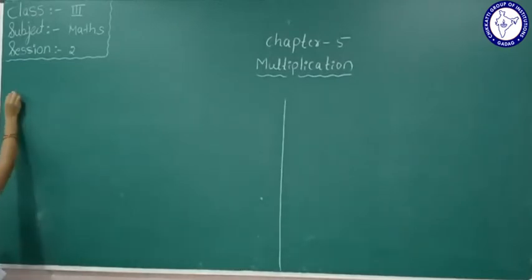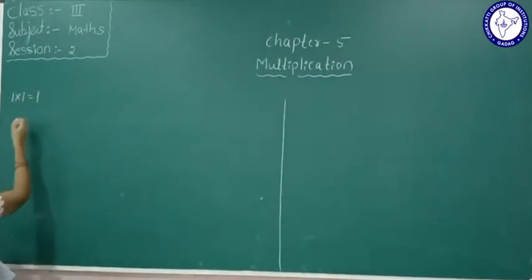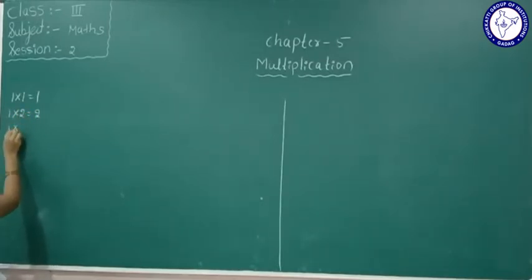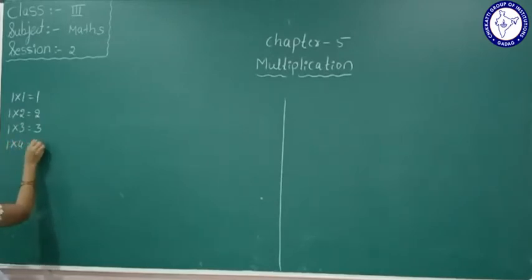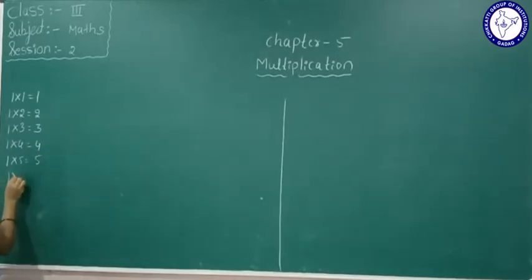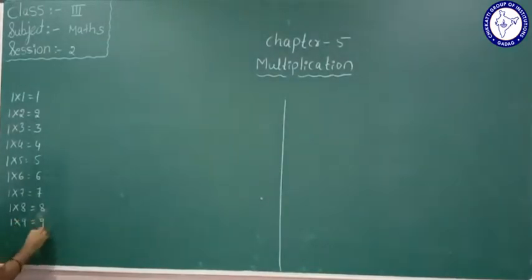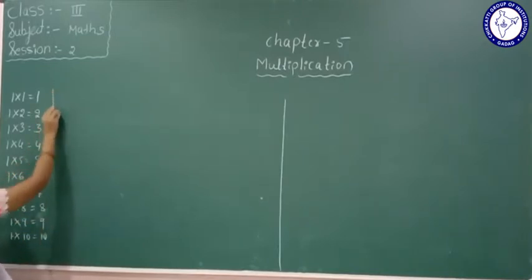How to write tables? 1 into 1 is equal to 1, 1 into 2 is equal to 2, 1 into 3 is equal to 3, 1 into 4 is equal to 4, 1 into 5 is equal to 5, 1 into 6 is equal to 6, 1 into 7 is equal to 7, 1 into 8 is equal to 8, 1 into 9 is equal to 9, 1 into 10 is equal to 10. So this is the ones table.